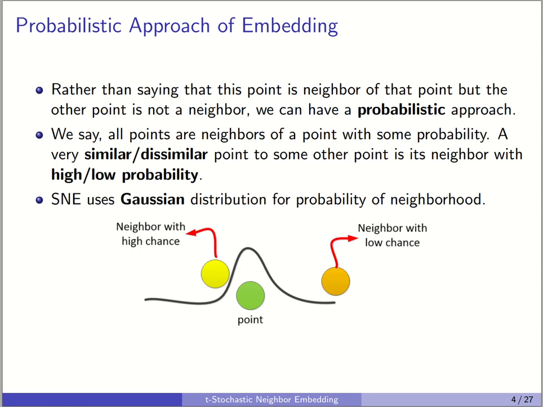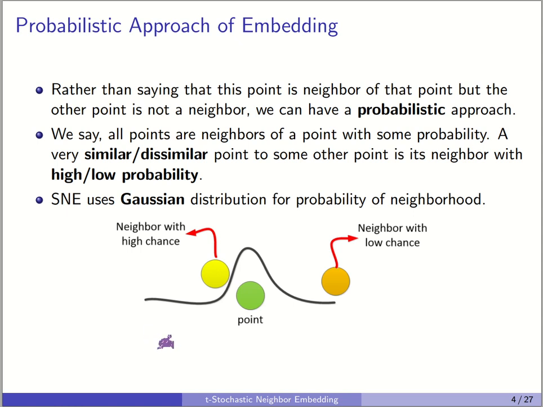And it says that using this Gaussian distribution, I can find out the probability of other points to be my neighbor. So if a point is very close to me, so it is close to the mean of this Gaussian, therefore it is my neighbor with high probability. But if it is very far away from me, it's a neighbor with low probability.